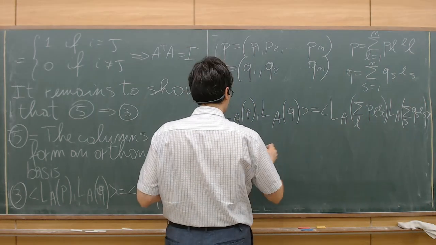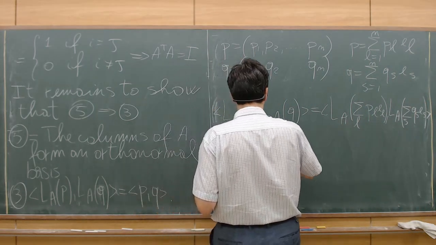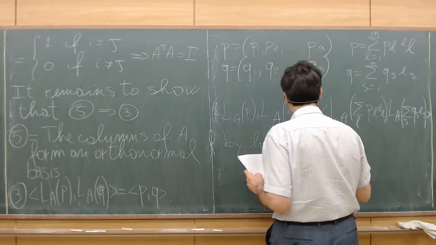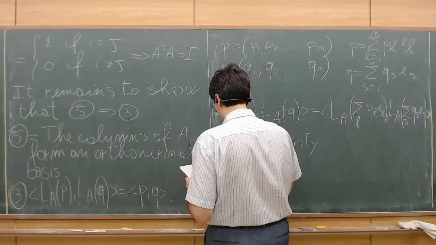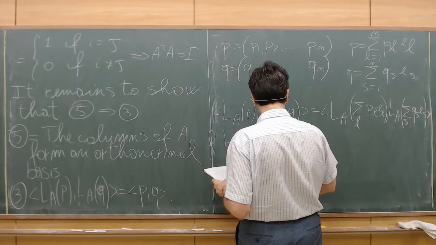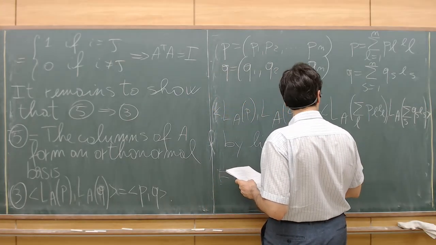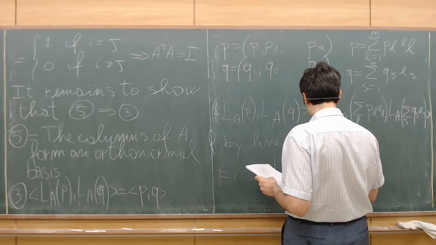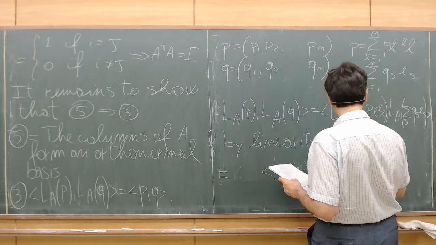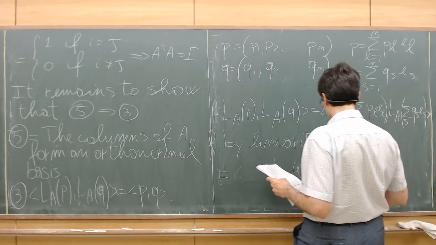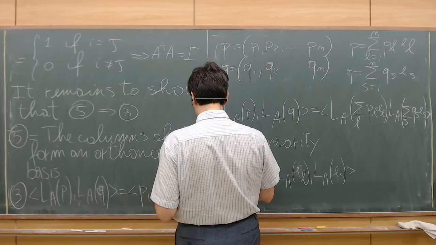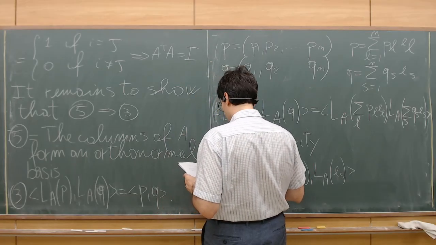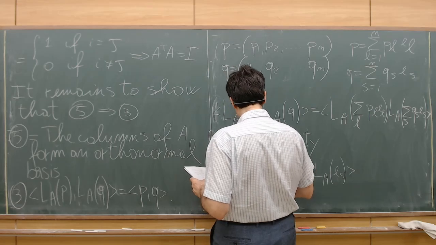So by linearity, this is equal to the inner product of LA EL, LA ES, and in front of it we have a sum on L and S of PL QS.